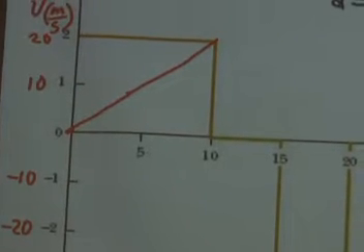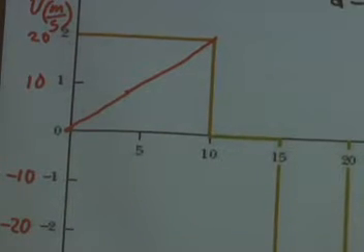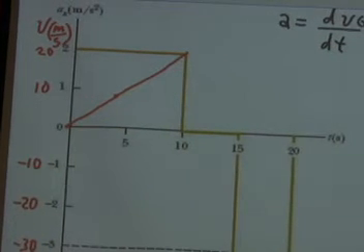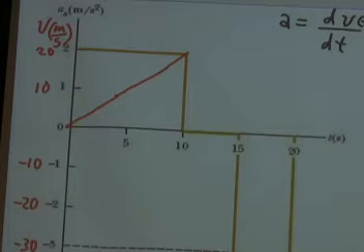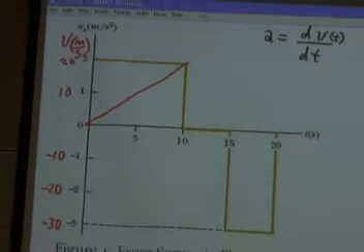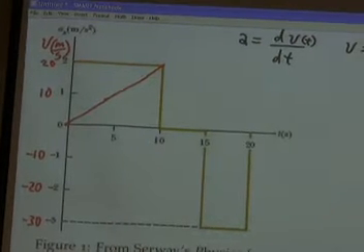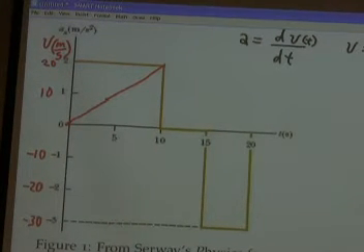The velocity will increase by 10 meters per second over, excuse me, that's, yes, okay. And over the course of 10 seconds, the velocity will go from 0 up to 20 meters per second. And the slope of this line here is 20 over 10, which is 2 meters per second squared.